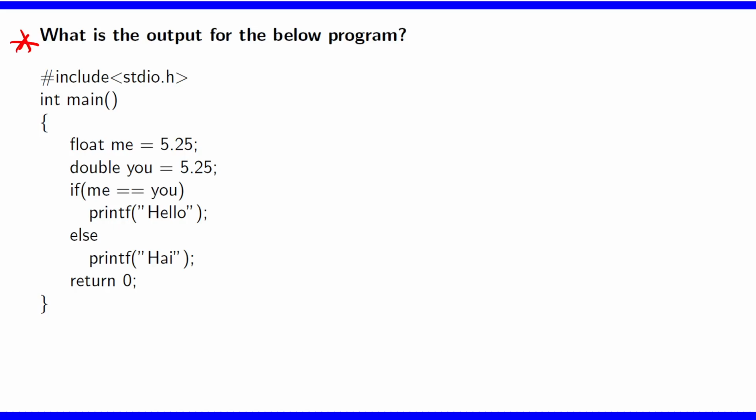The only change here is that both belong to different data types. Can you guess the answer? Float 5.25, double 5.25. Only the data type is different, the values are the same.